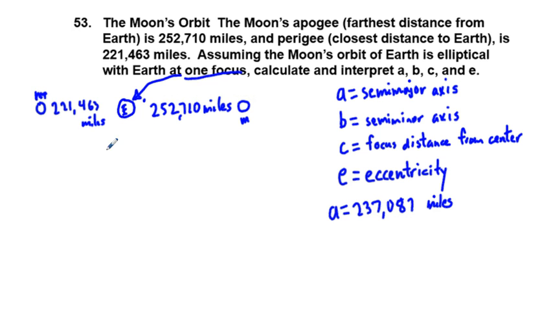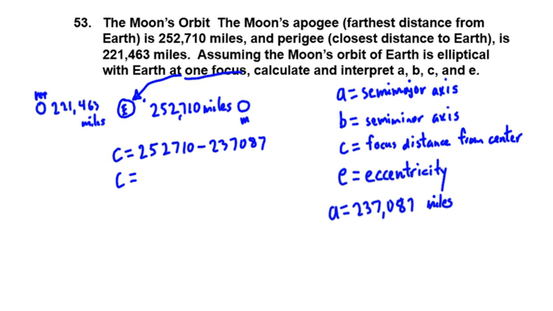Okay, and C is going to be our difference. We can just take either one of these numbers. We'll take 252,710 miles and subtract out this 237,087 miles. We're going to get our value of C, our distance of our focus.